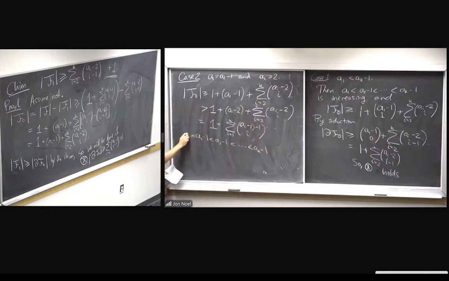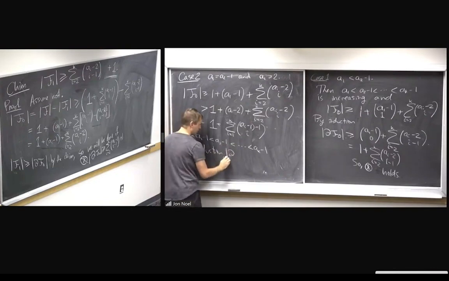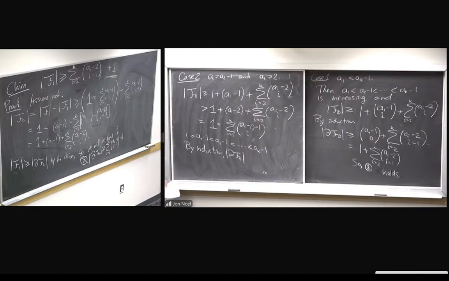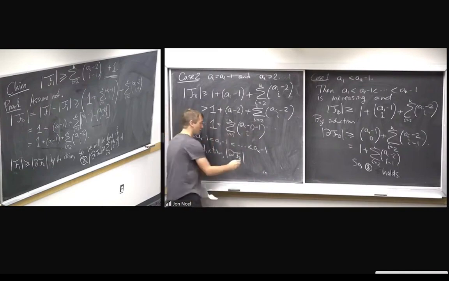And also A1 is at least one. So this is where I'm using that A1 is at least two, so that A1 minus one is at least one. So in this case, my inductive hypothesis holds again. So by induction, I can bound the shadow of F naught with the same kind of thing, except that I choose i minus one and there's no plus one.